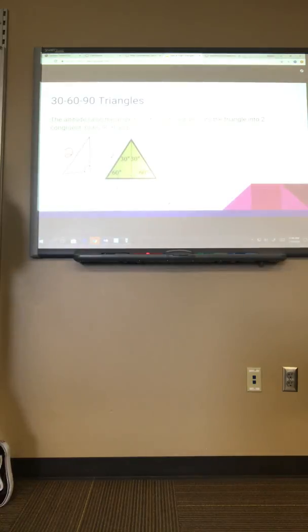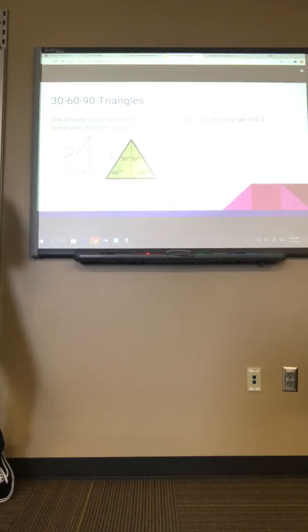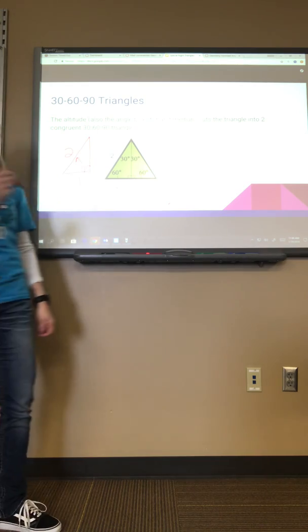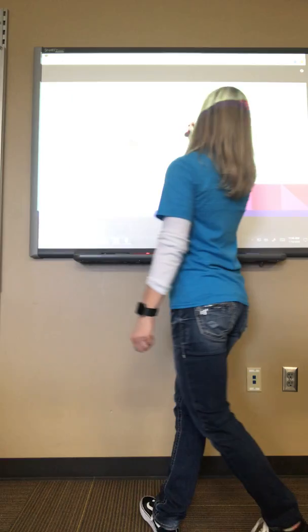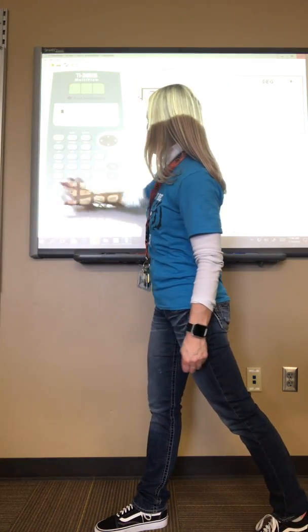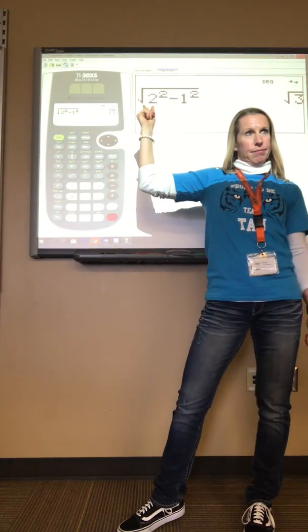If I were going to solve for this side, I would use Pythagorean theorem. You guys with me? I know the hypotenuse. Would I add or subtract? Subtract 2 squared minus 1 squared. So in my calculator, 2 squared minus 1 squared is radical 3.